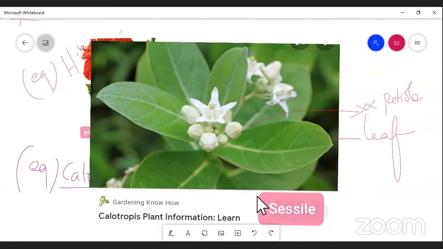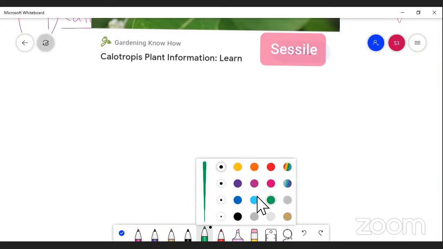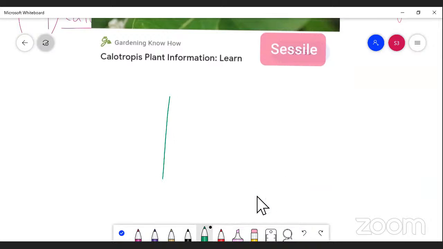Okay, my dear student. Next, I am going to talk about one of the parts of the leaf, that is the stipule. Again, I am going to draw the structure of the leaf, so don't get confused, right? It is a stem in which a leaf is there. Here I am drawing the structure, in which there is a pair of leaf-like structures called stipules.